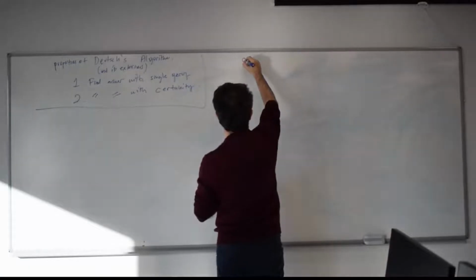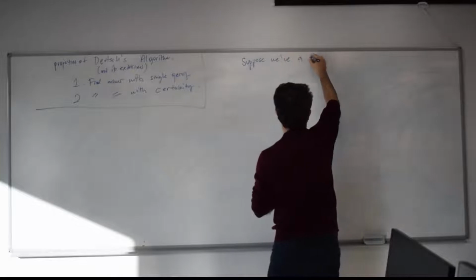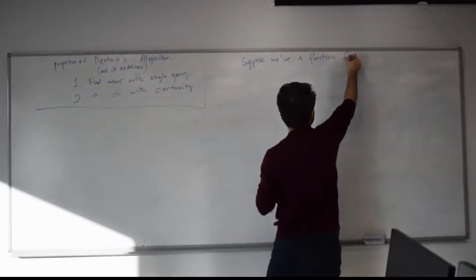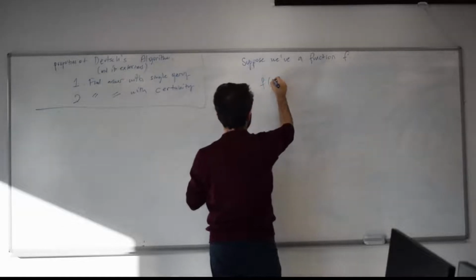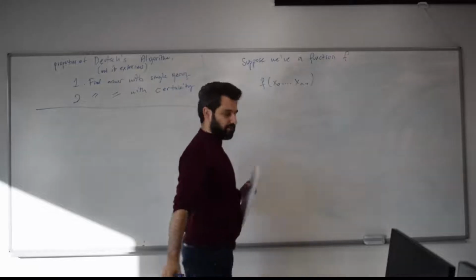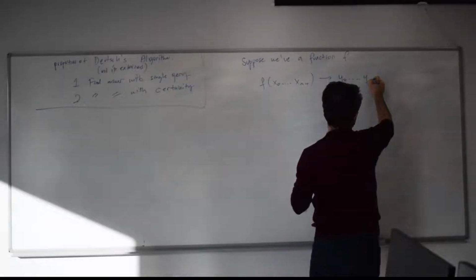Suppose we have a function f, and f is as follows. We have x0 to xn minus 1, so it's n bits, and that gives us another n bits, y0 to yn minus 1.